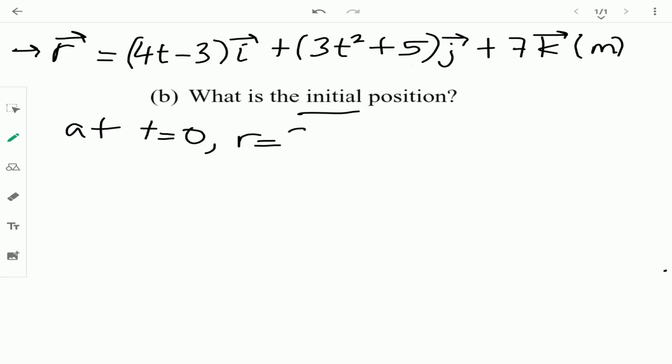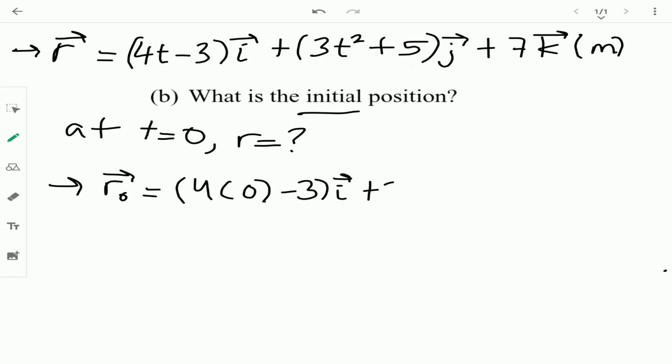So let's substitute that in our equation. r at time 0 equals, so wherever we find t, we're going to put 0 there. So 4 times 0 minus 3 i plus 3 into 0 squared plus 5 j, and since 7 has no t in it, it's always going to stay the same.